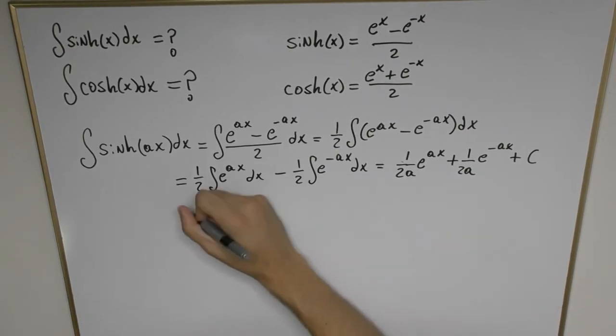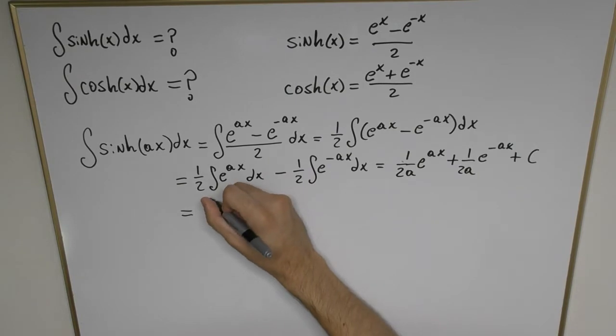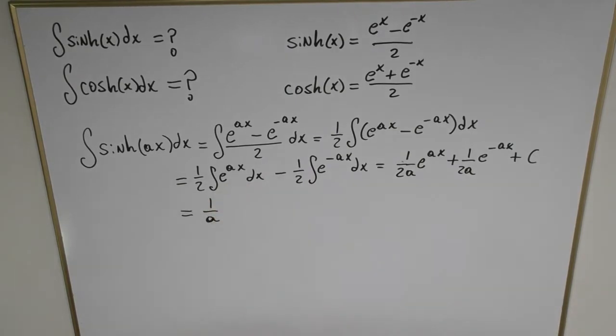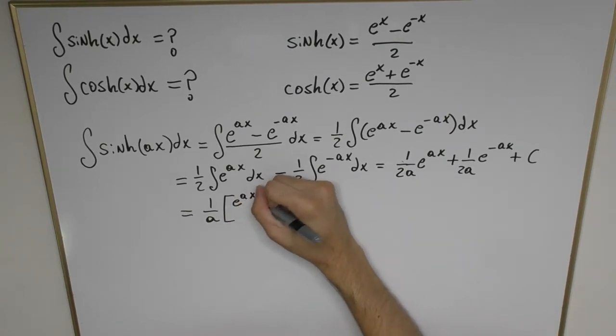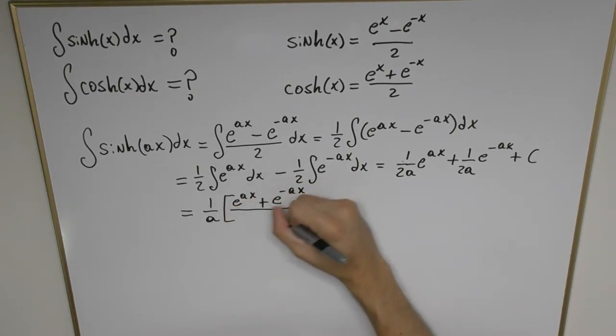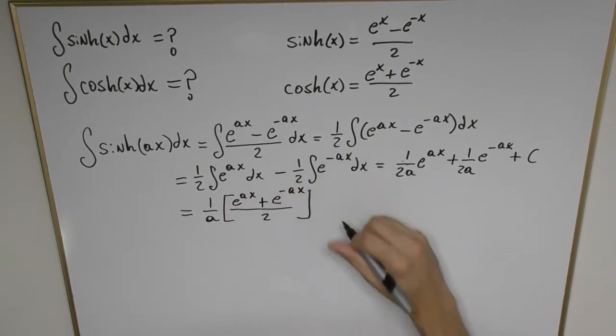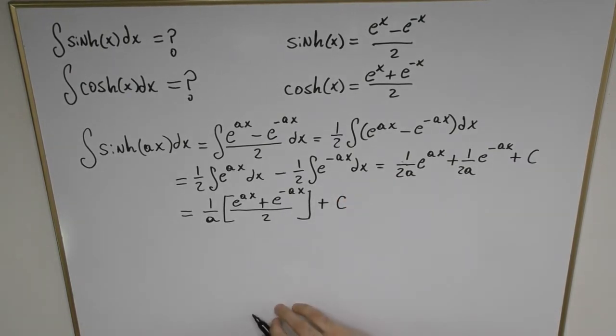And we're going to regroup those terms in the following manner. We're going to place the 1 over a at the front, and then we're going to place the e to the ax plus e to the minus ax divided by 2 inside of these square brackets, and then we have the integration constant c.